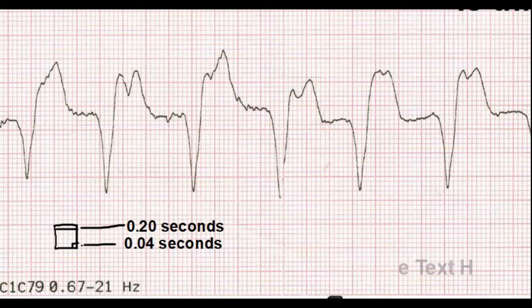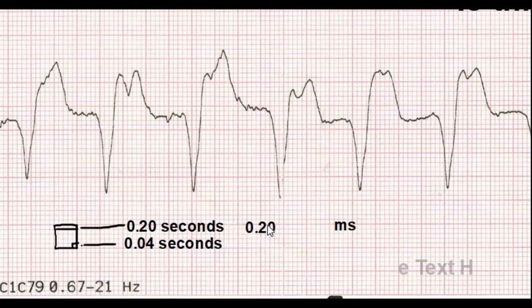But it's not all about timing. Sometimes it's about measuring the amount of time it takes for certain parts of the heartbeat to happen. And to talk about that, we oftentimes will discuss things in terms of milliseconds, not in seconds.